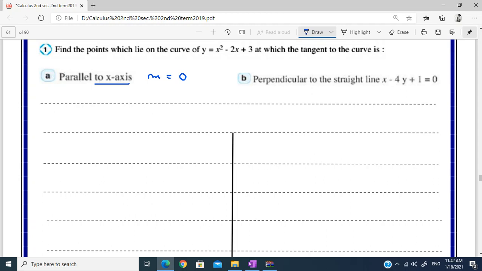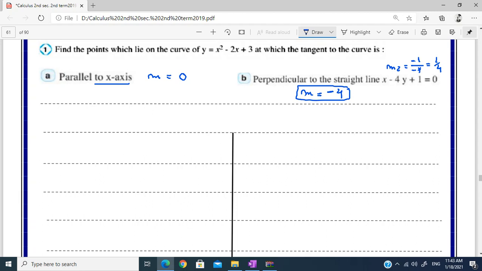So here the slope equals 0, so dy by dx equals 0, and here, perpendicular to the straight line, we must get the slope of this line, for example m2, the negative coefficient of x over the coefficient of y, which equals 1 over 4. So dy by dx here, or our slope, equals the reciprocal of 1 over 4 times negative 1, which equals negative 4.